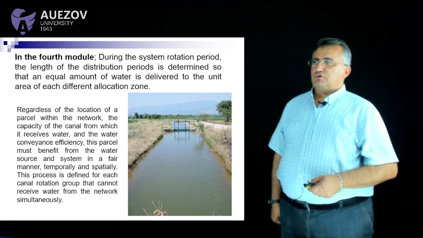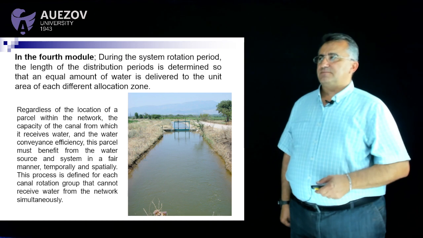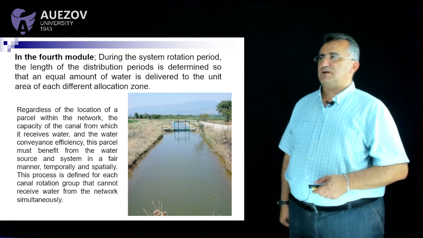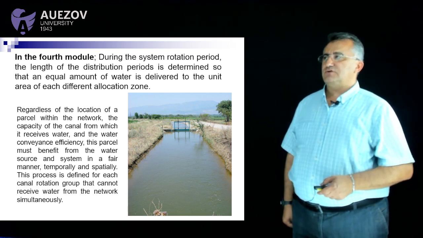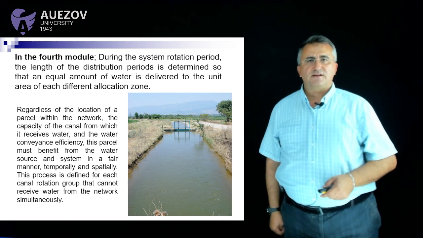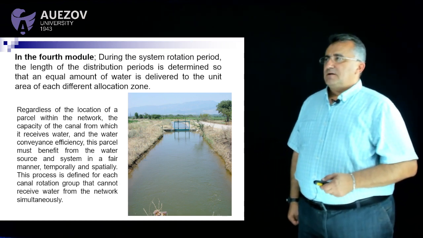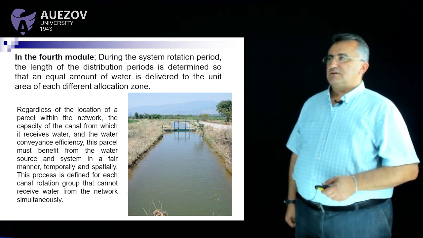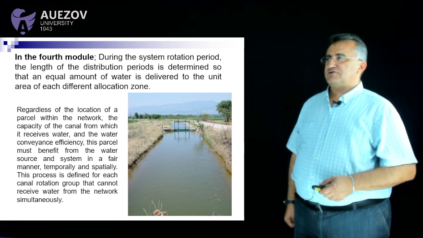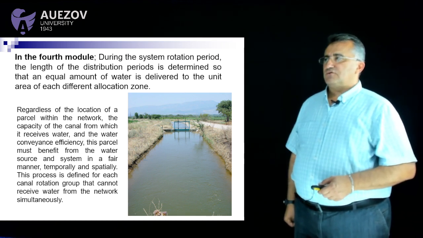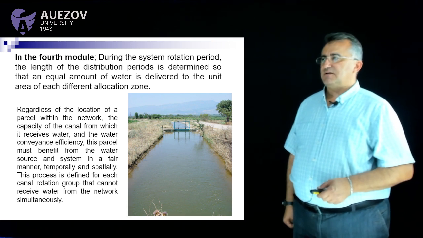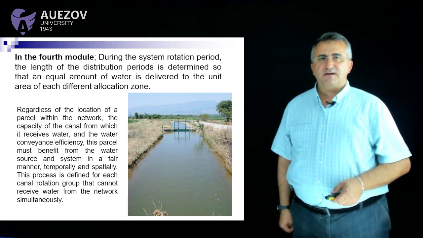In the fourth module, during the system rotation period, the length of the distribution periods is determined so that an equal amount of water is delivered to the unit area of each different allocation zone. Regardless of the location of a parcel or plot within the network, the capacity of the canal from which it receives water, and the water conveyance efficiency, this parcel must benefit from the water source and the system in a fair manner, temporally and spatially.